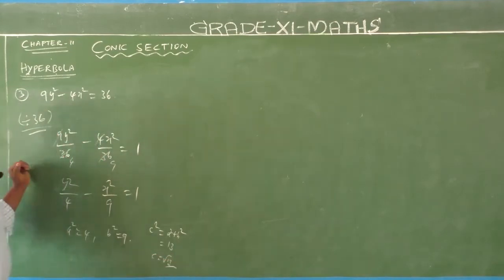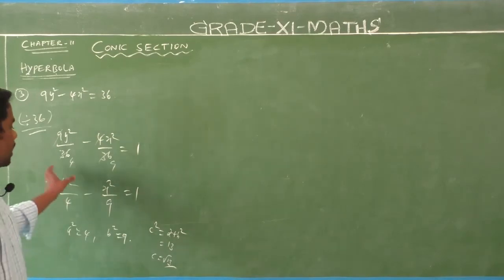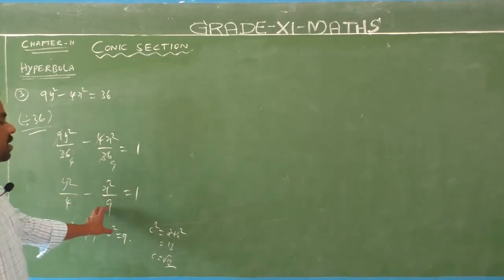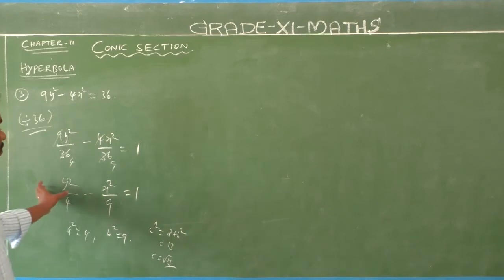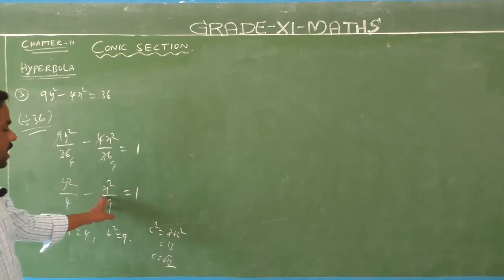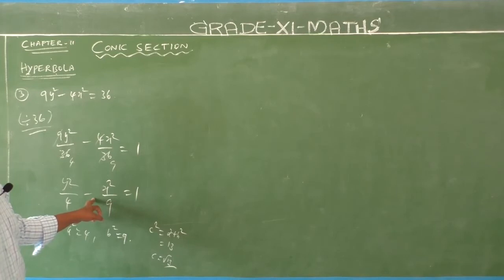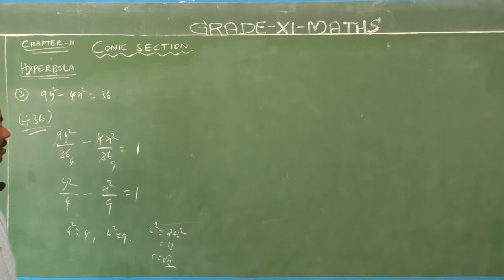Comparing with the y squared by a squared minus x squared by b squared equal to 1 type, the coefficient of y squared is positive and coefficient of x squared is negative. So this equation has transverse axis along the y axis and conjugate axis x axis. So use this formula: foci are 0 comma plus or minus c and vertices are 0 comma plus or minus a. Eccentricity and latus rectum use the same formula.